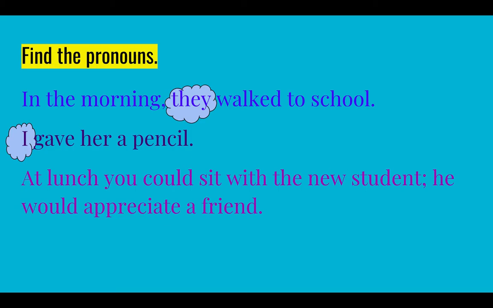So I gave her a pencil, first person point of view, but I also have another pronoun, her. Her is a third person point of view, and it's also an object. Not that she's a thing, but something's been done to her. She has been given the pencil. So we use the word her to show that.